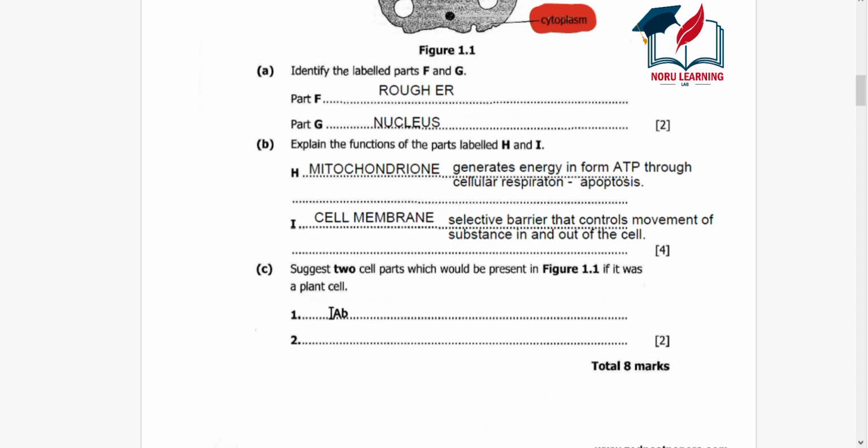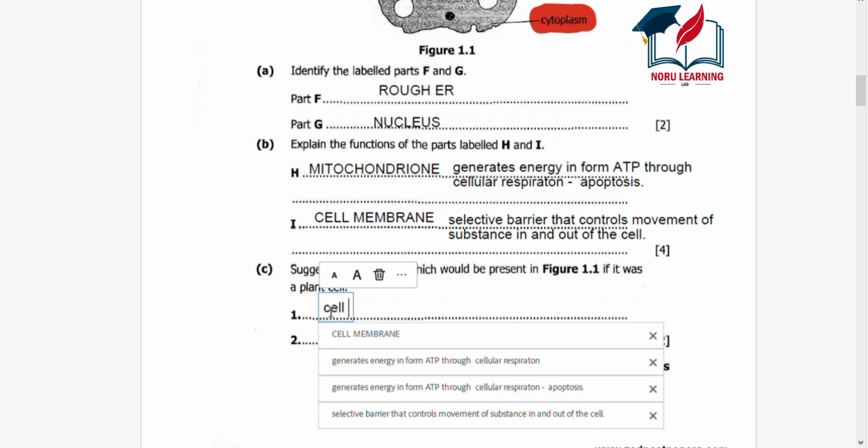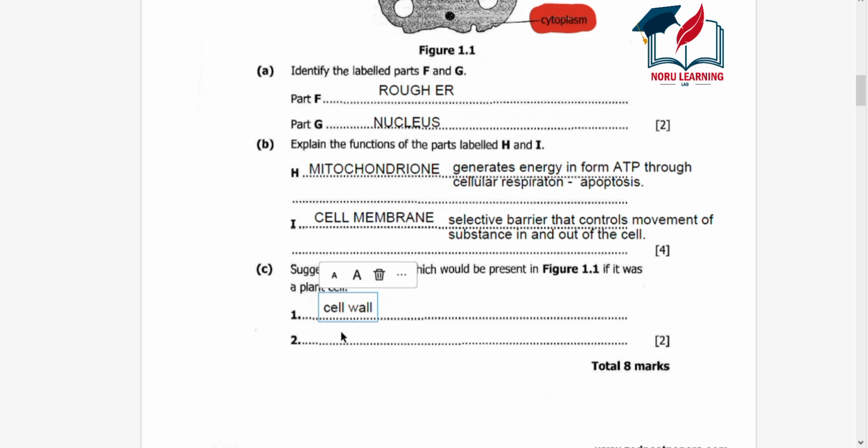The first thing that will come to my mind in a plant cell is a cell wall. So we have the cell wall. What else? I wanted to say the chlorophyll, which is, I would say, chloroplast.